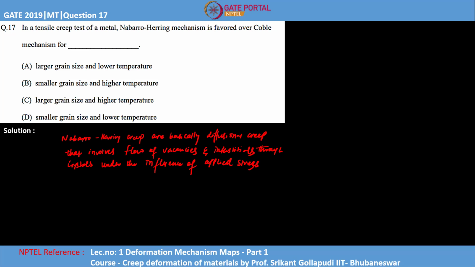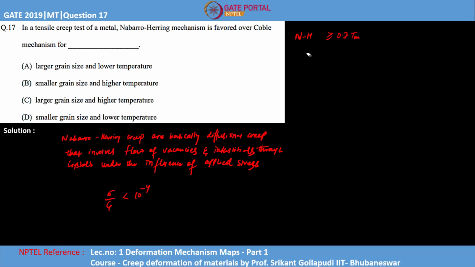And similarly, Coble creep is also a diffusional creep. And both these creeps, Nabarro-Herring and Coble creep, occur at a stress, sigma upon G value, less than 10 to the power minus 4. But if you see the temperature, for Nabarro-Herring creep, the temperature will be basically greater than or equal to 0.7 times the melting point.